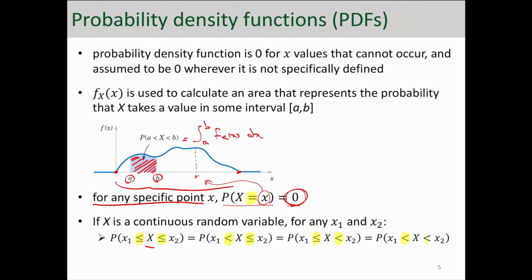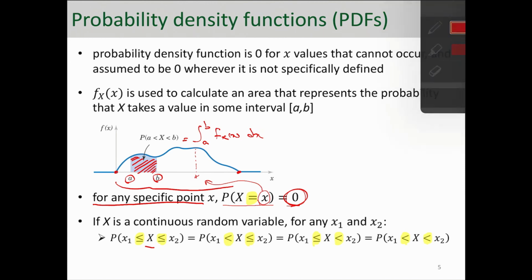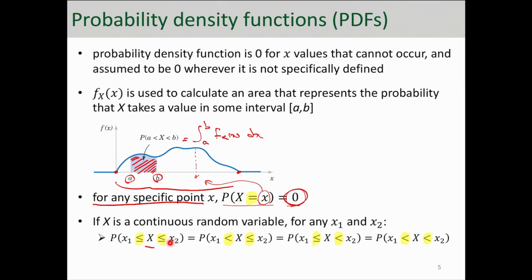All of these are the same, because by adding a specific point like x2 or x1, we're not adding to the probability. So you can be relaxed in continuous cases and not worry about these equality signs. You can just leave it as less than or more than, because it doesn't change the probability. We're going to look at a number of examples in the next video.